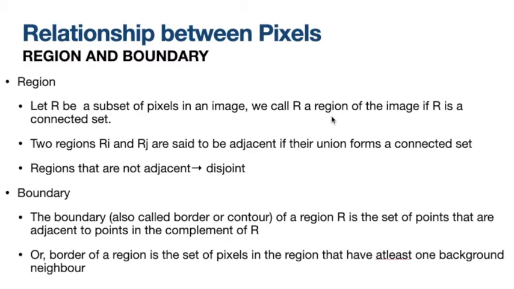Okay, then boundary. If you have a region R and if you take the complement of R, then the boundary of region R is the set of points that are adjacent to points in the complement of R. That is, simply the border of a region is the set of pixels in the region that have at least one background neighbor.